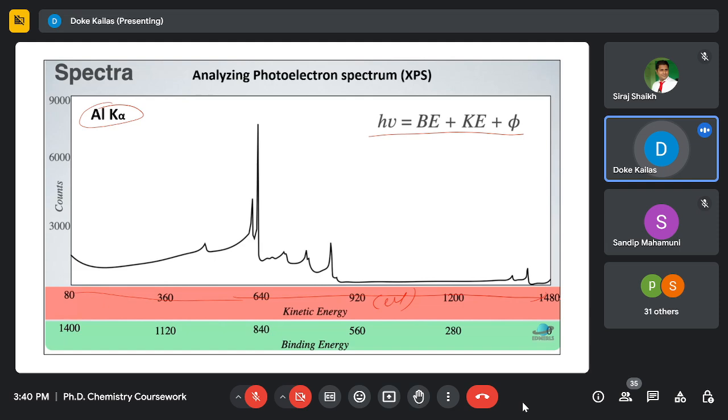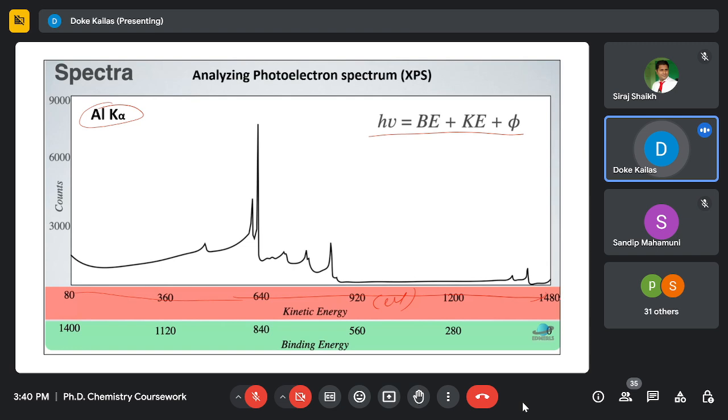The instrument has a constant work function, so we can find out the binding energy. By algorithmic methods or by using a small calculator method in the instrument, we convert that kinetic energy into binding energy. So binding energy is equal to incident energy minus kinetic energy minus work function.